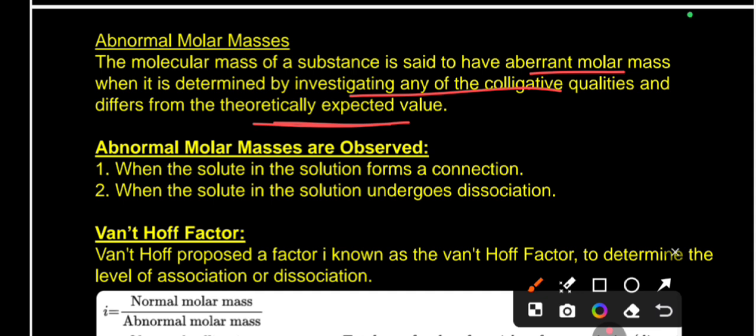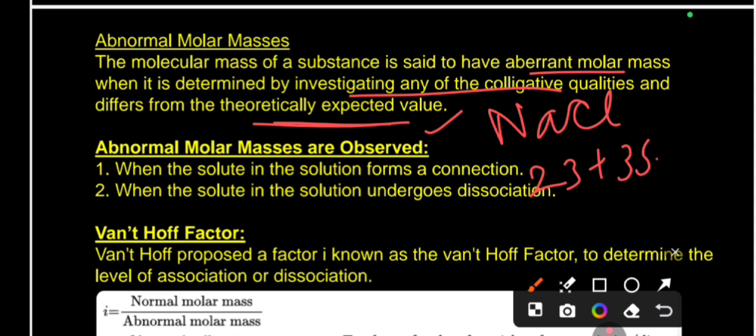But if we calculate the molar mass experimentally, then it will come out different from the theoretically expected value. For example, suppose NaCl. The actual molar mass of this compound is 23 plus 35.5, which after addition gives 58.5. It is the actual molar mass. But if we calculate it experimentally, then we will get different values.